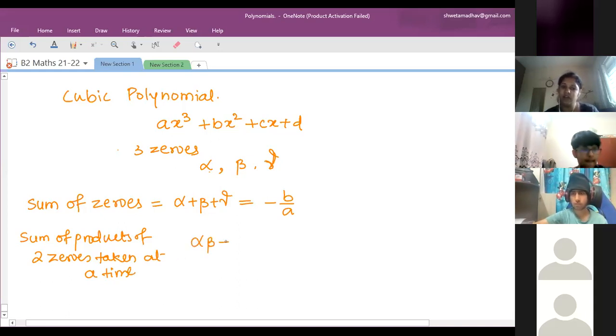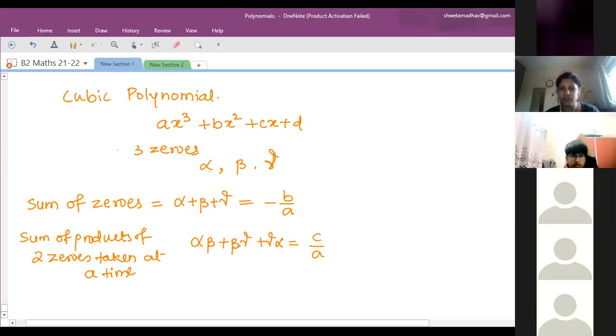That means alpha beta plus beta gamma plus gamma alpha, which is equal to c by a. Product of two zeros, alpha into beta, beta into gamma, gamma into alpha, and then adding them. The value of this is always equal to c by a.